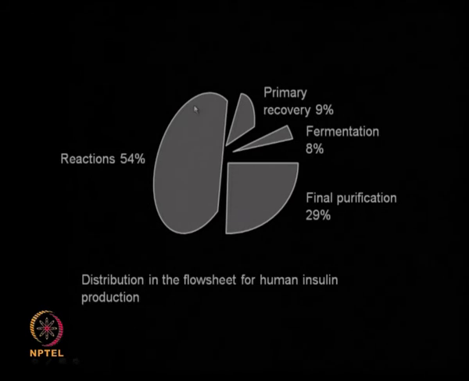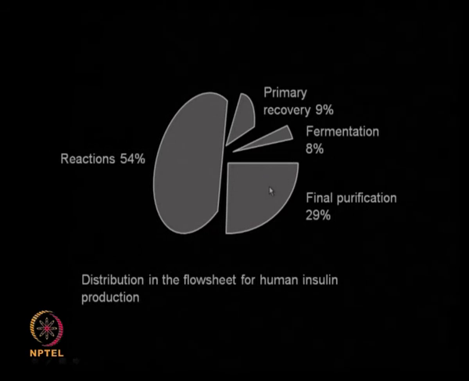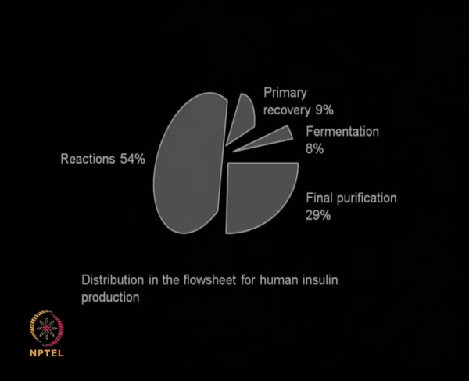If you look at the various operations, almost 50% is related to reactions, about 30% is because of purifications. As I originally said, this is a pharmaceutical product, so there are a lot of stringent regulations for its purity and presence of non-toxic chemicals. So, you need to spend a lot of effort in purifying this product.